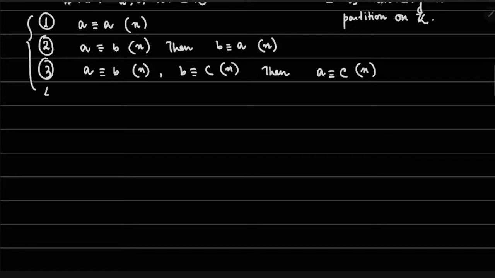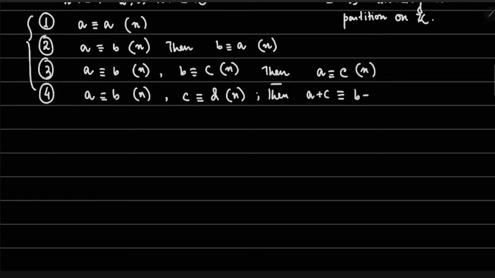Let's check some other algebraic notions. The fourth one: if a is congruent to b mod n and c is congruent to d mod n, then we can write that a plus c is congruent to b plus d mod n, and ac is congruent to bd mod n.